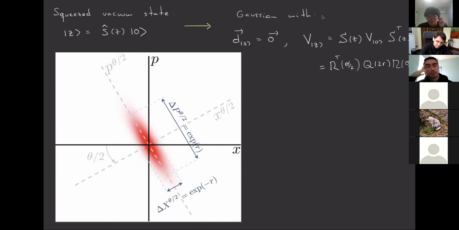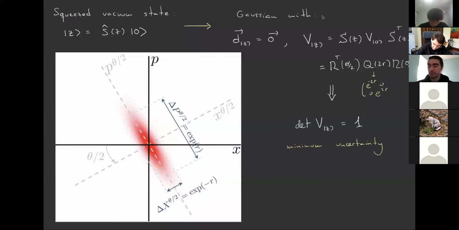But of course, by construction, you can also check very easily that the determinant of the covariance matrix of this squeezed vacuum state is equal to 1. So it's a minimum uncertainty state. And this is very simple because I remind you that this matrix is just exponential of 2r, minus 2r, exponential of 2r.